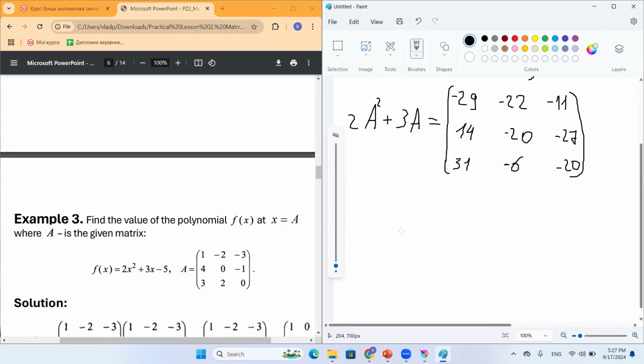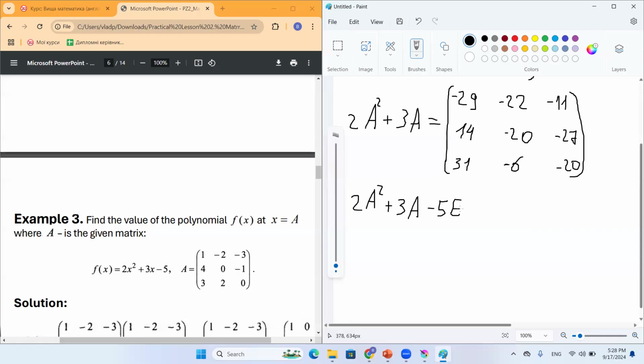So actually, we cannot add a matrix to a number, but what it means in this case is that instead of the number, we use the identity matrix. So in this case, 2A squared plus 3A minus 5E.